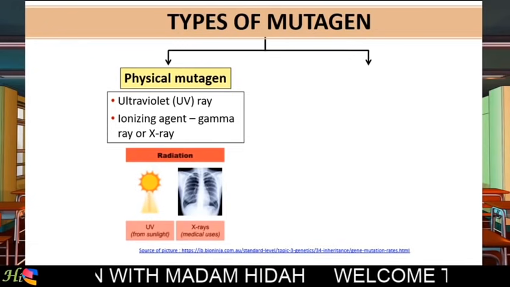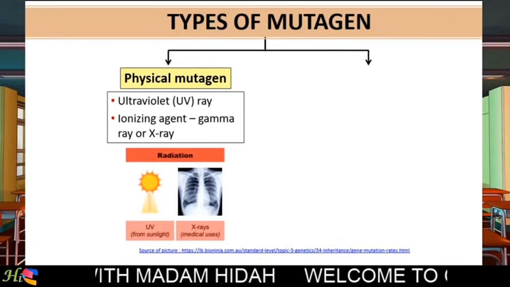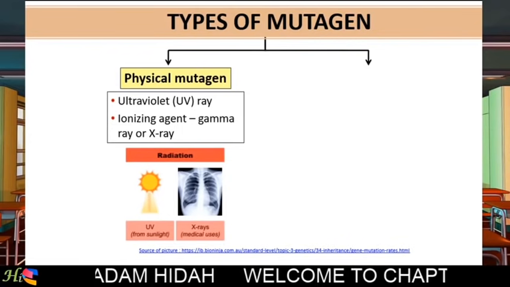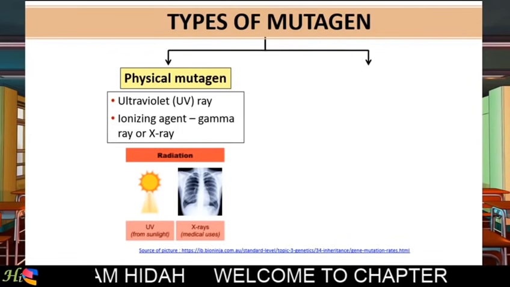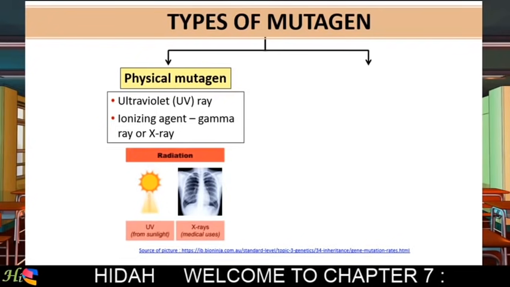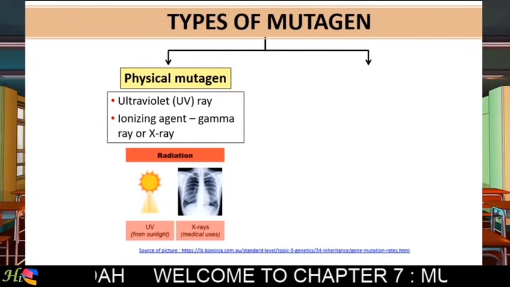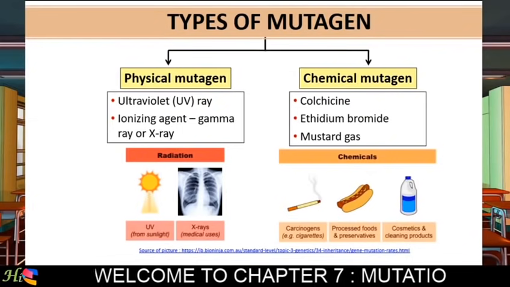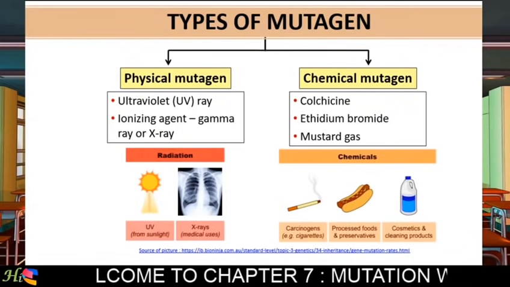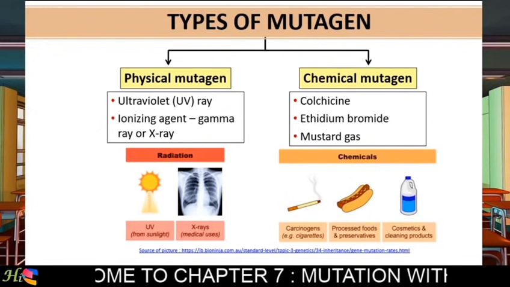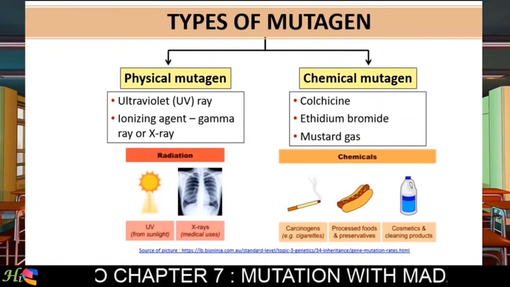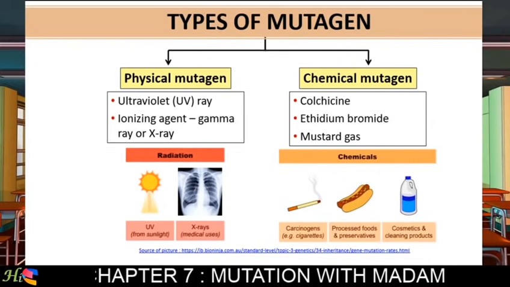Physical mutagen involve electromagnetic radiation such as UV ray, gamma ray, X-ray, and particle radiation. The second type of mutagen is chemical mutagen. Chemical mutagen is a substance such as colchicine, ethidium bromide, and mustard gas, which can alter the genetic material.